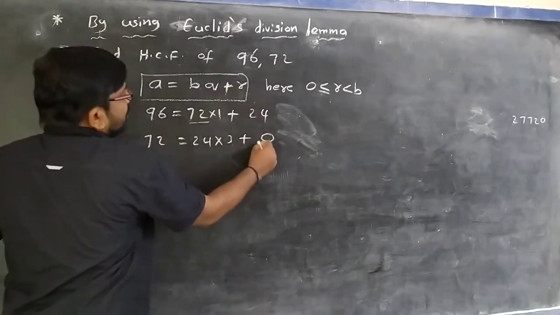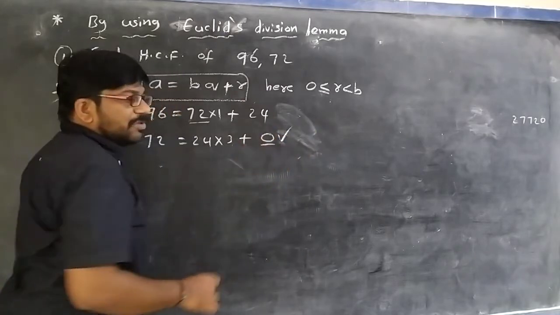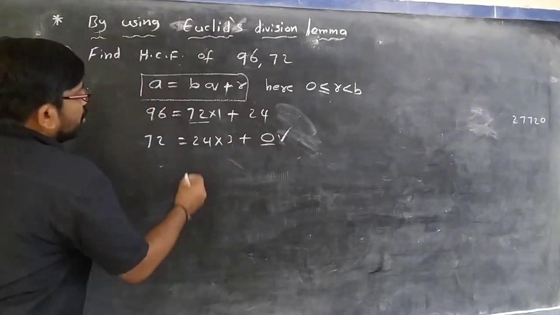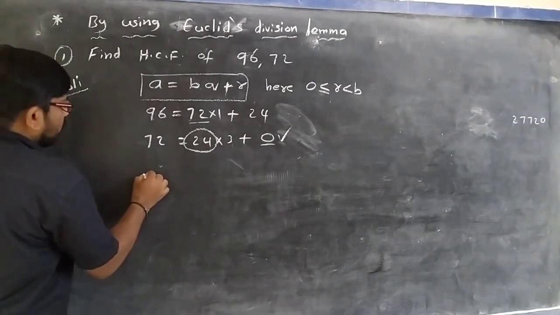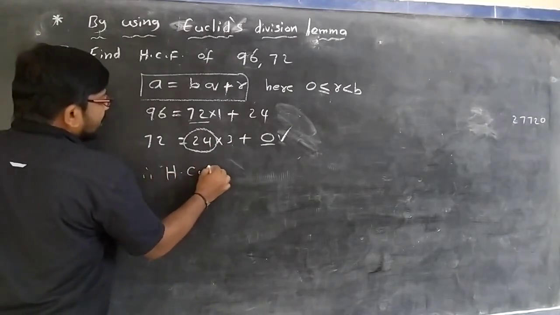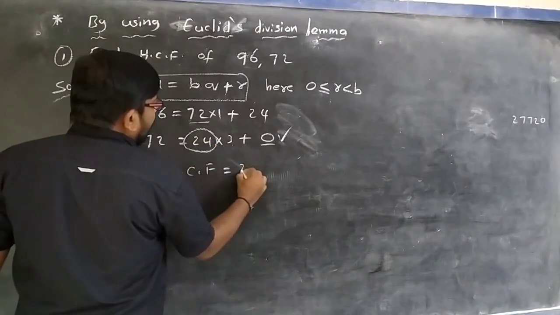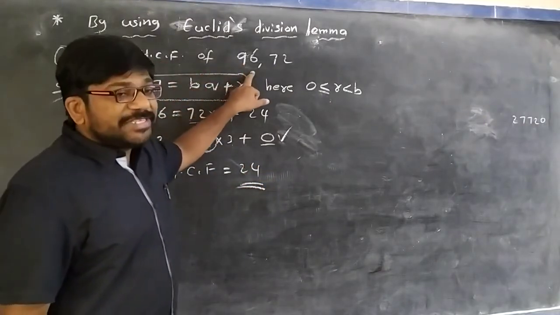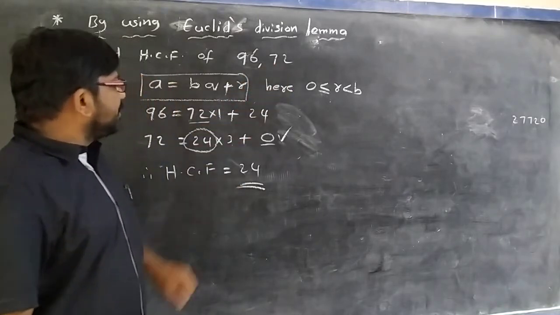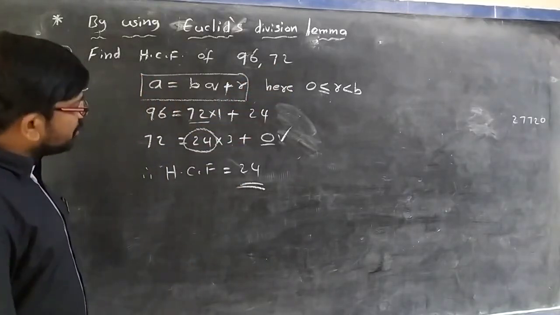Here the remainder is 0. If 0 comes here, then 24 is the HCF, right? So therefore HCF is equal to 24. So the HCF of 96 and 72 is 24, right?